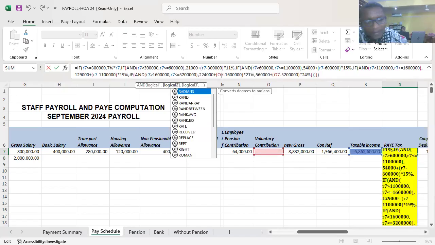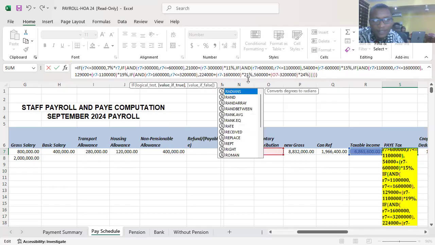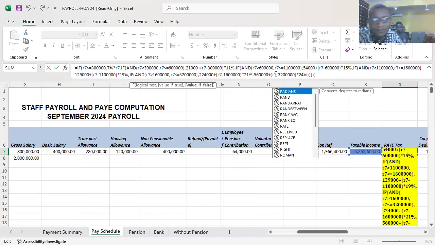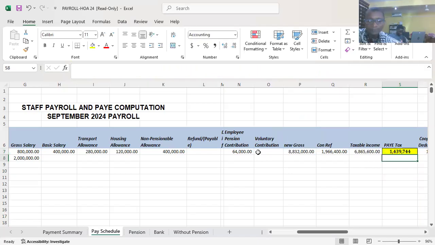Once you change everything to R, all you have to do is get these templates. It's the same template you have been using since we started this training, and I've shared the templates more than 5 times on the platform. You will see that all the links are now on taxable income, no longer on voluntary contribution. So all I have to do is press enter.